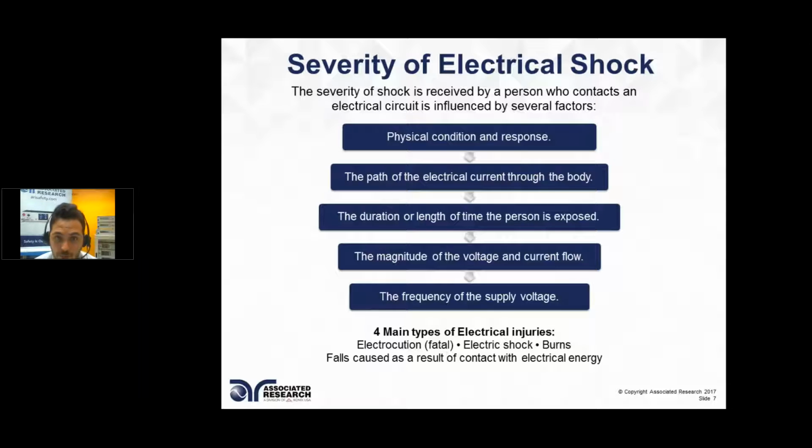The path of the electrical current through the body. In one of our previous pictures, that's no longer on this webinar, we have an operator touching a live part with both hands, and so now that path is going through his chest cavity, through his heart.